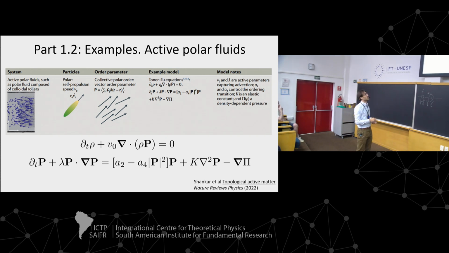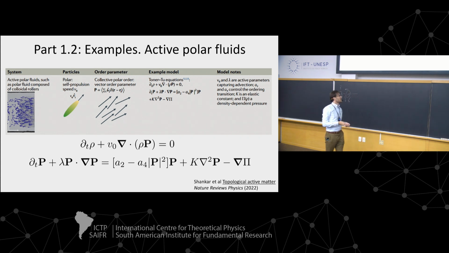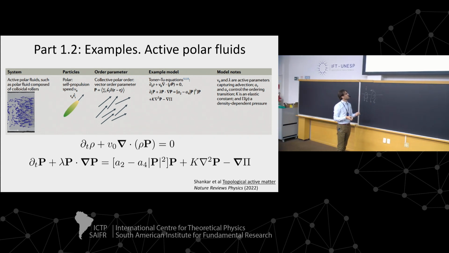So you have a polar order, which is where the name of a polar fluid comes from. There's an associated model for polar fluids. This is a particularly simple version of it.